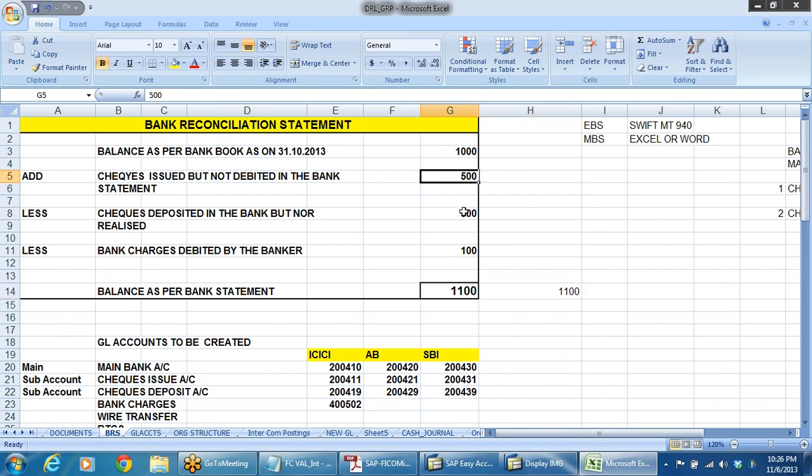Finally, when I have taken all these things, this is the balance as per the bank statement. So add or less whatever you do, after doing that you will get the balance as per the bank statement. So this is correct. These are the reasons for not reconciling the balance maintained by the bank book and the balance maintained by the bank.